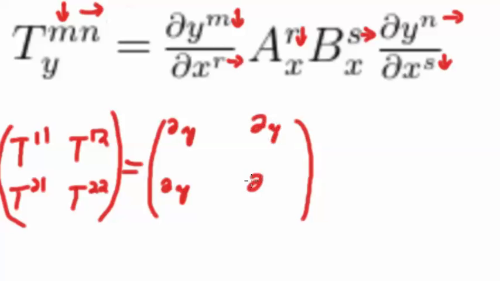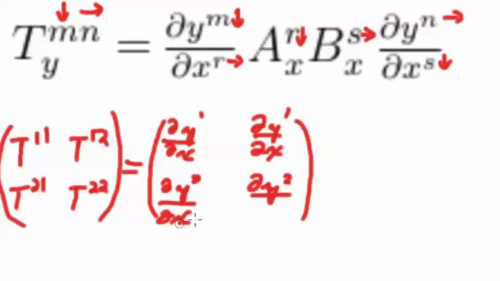I'll do this: del y, del y, del y, del y, labeling them down 1, 2, 1, 2, and then over del x, del x, del x, del x, and label these to the right 1, 2, 1, 2.